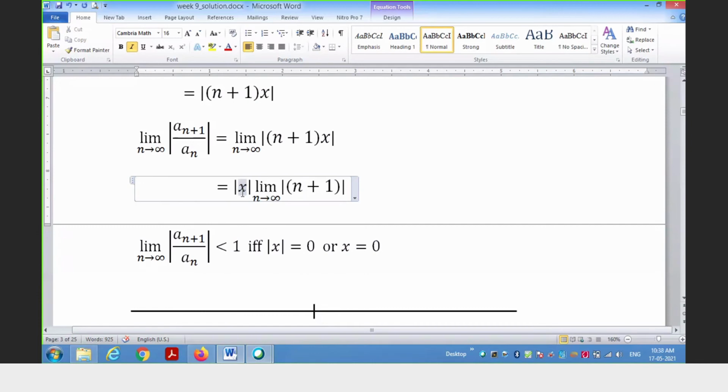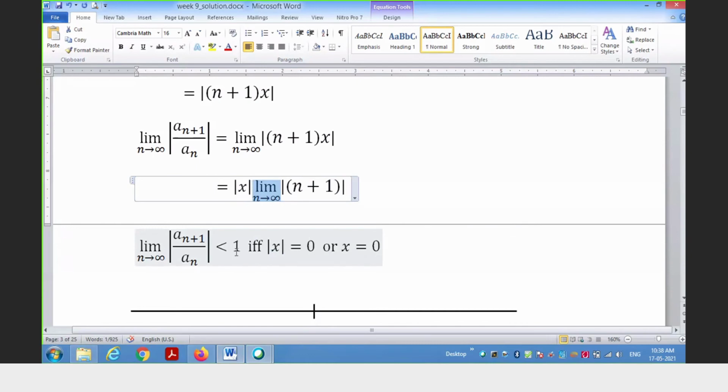If x is equal to something else, times the huge number will be greater than 1. So to guarantee that this limit is less than 1, the value of x must be equal to 0, because 0 times this huge number will guarantee that it is less than 1, which is equal to 0.